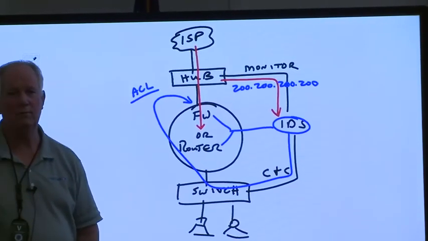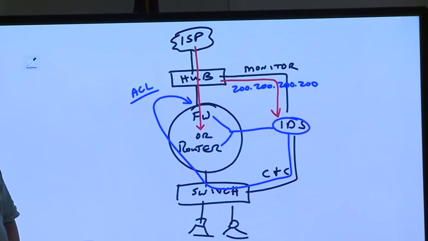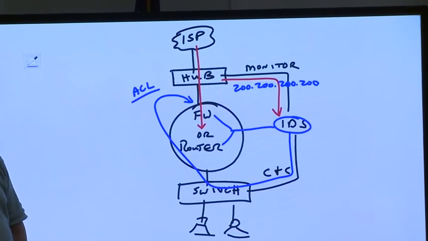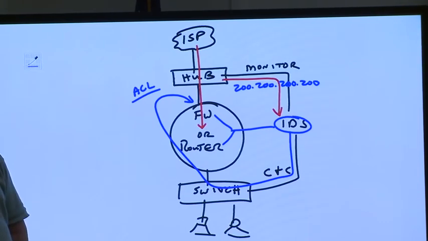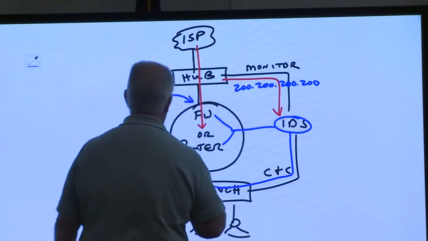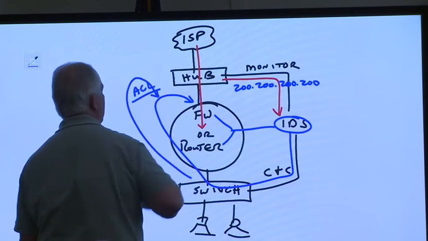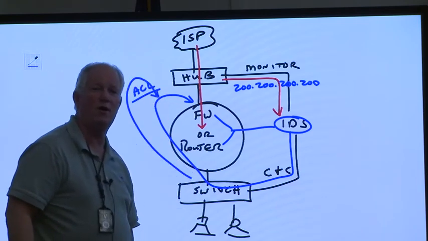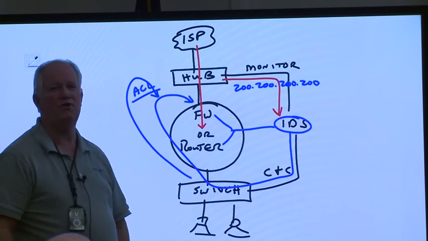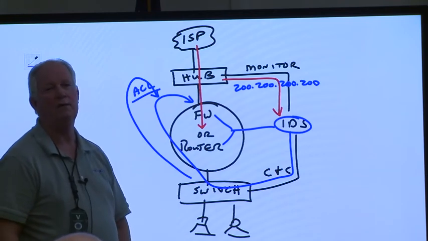Could we do that? Absolutely. Grant, what are you going to do if I block you from attacking my network? Oh man, can't you just leave? You're just going to keep doing this, aren't you? So now you change it to 200.200.200.100. I'm going to come back in here and write a new access list to block your 200.200.200.100. Now what are you going to do? Oh man, now you're at 200.200.200.50.